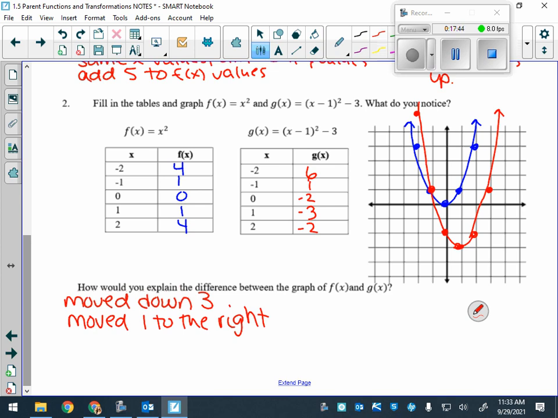Good. X value same. According to this graph, X value same. Y value is different, according to our table of values. Just according to the table of values. What else? What's one thing that we could say about a quadratic? Yeah. The vertex is lower. What is the vertex?